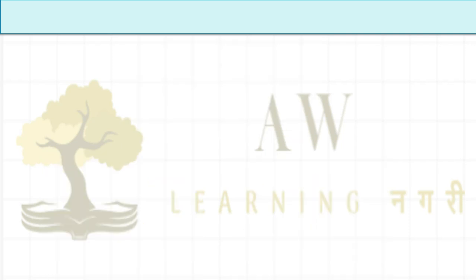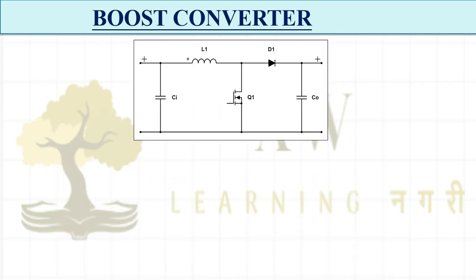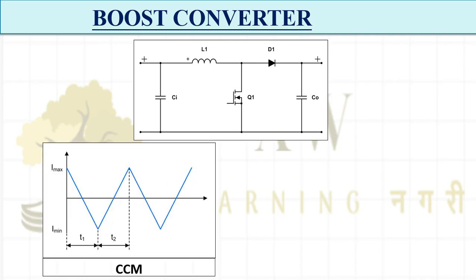Next, the boost converter. You will say that for the boost converter the input current is continuous, right? The capacitor current is also more or less continuous and follows the same kind of behavior, but the difference is this. The input current behavior you already know: when the switch is on, the current increases, and when the switch is off, the current decreases.